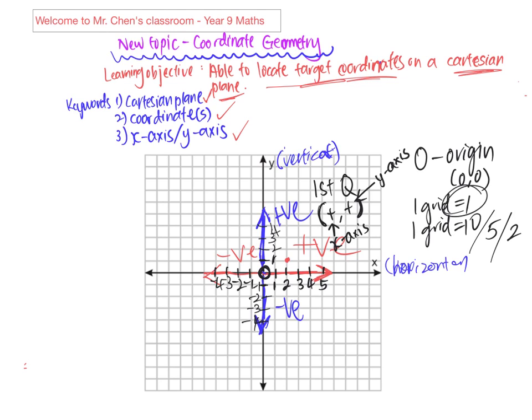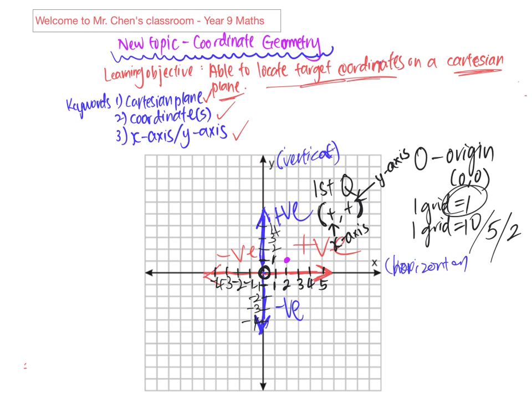If you have a dot right here, I'm going to use a different color, purple. What do you think the coordinates are? You always look at the x-axis first. Is it going to the right or left?